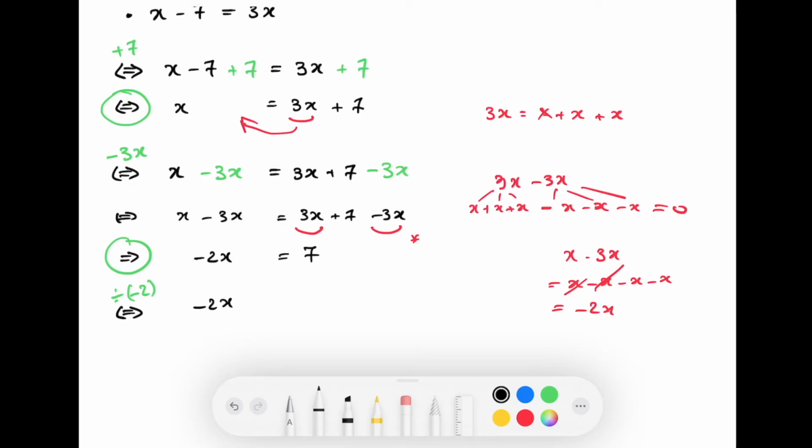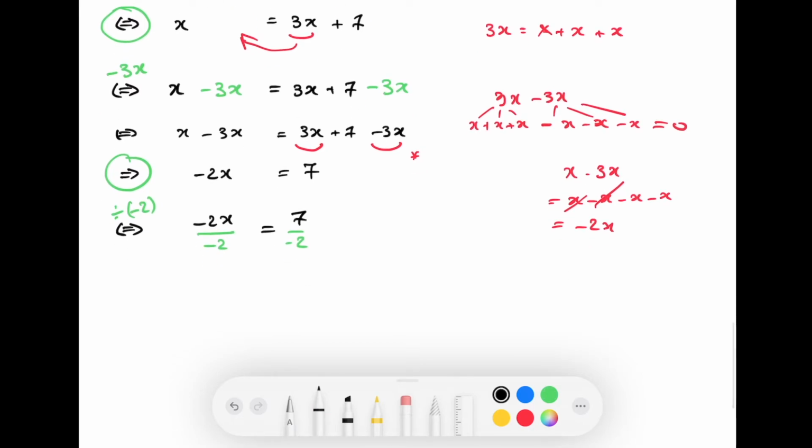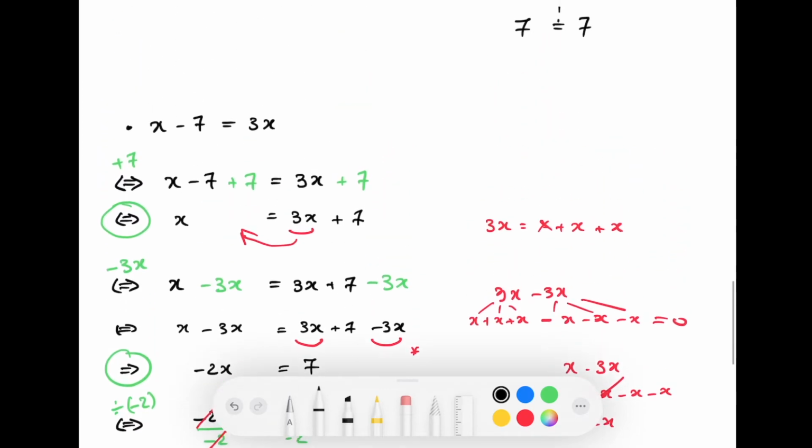Minus 2x divided by minus 2 is equal to 7 divided by minus 2, which then, when we rewrite it, easily becomes this minus 2 and minus 2 cancels out. x is equal to minus 7 over 2. And there we have our result of this somewhat more complicated example.